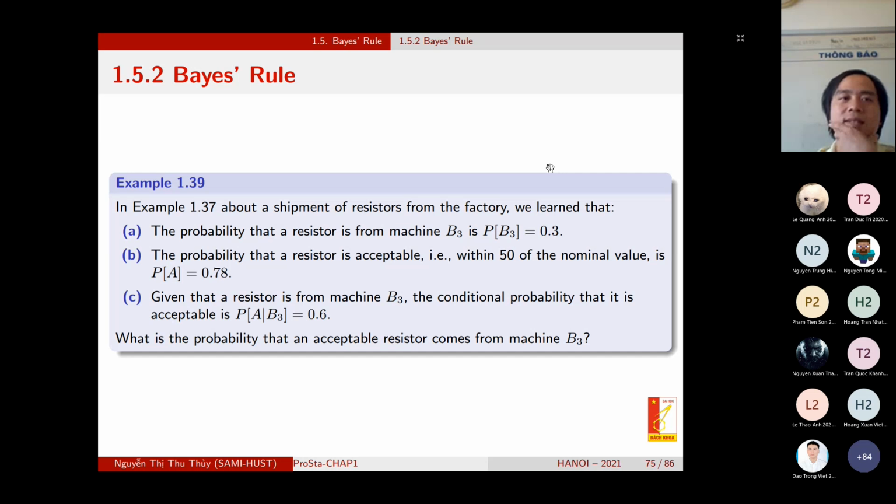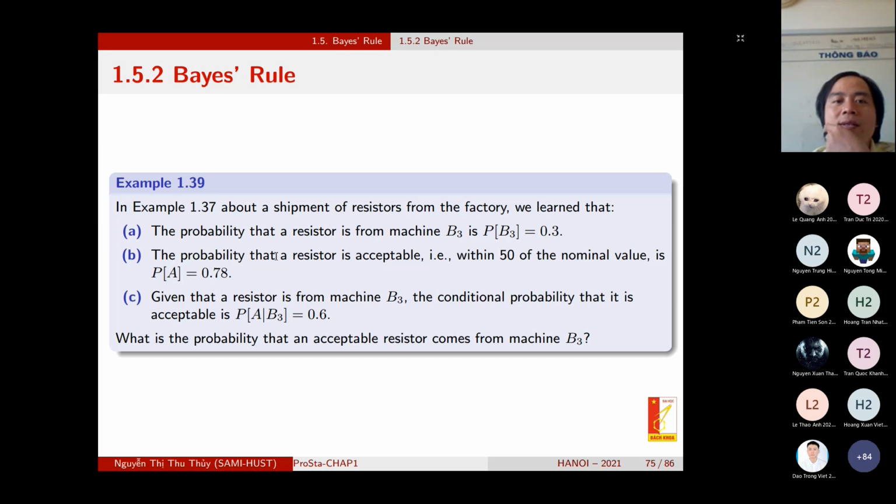Now let's consider example 1.39. We take example 1.37 about the shipment of resistors before. We have already talked about that. Now we learn that the probability that a resistor is from machine B3 is 30%. We know that.